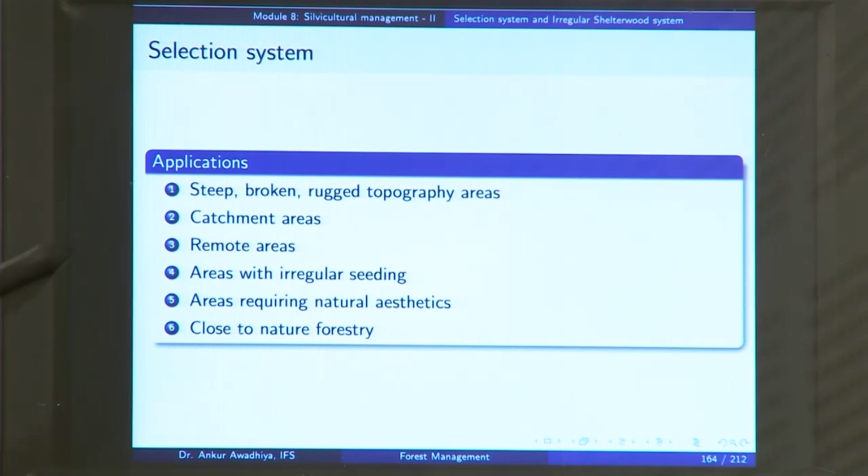Then the selection system is also used in areas with irregular seeding, because in the case of other systems you need to ensure the regeneration. Now, if you have a forest that is not giving out seeds regularly, there is a big chance that if you harvest the logs, your forest will not regenerate.